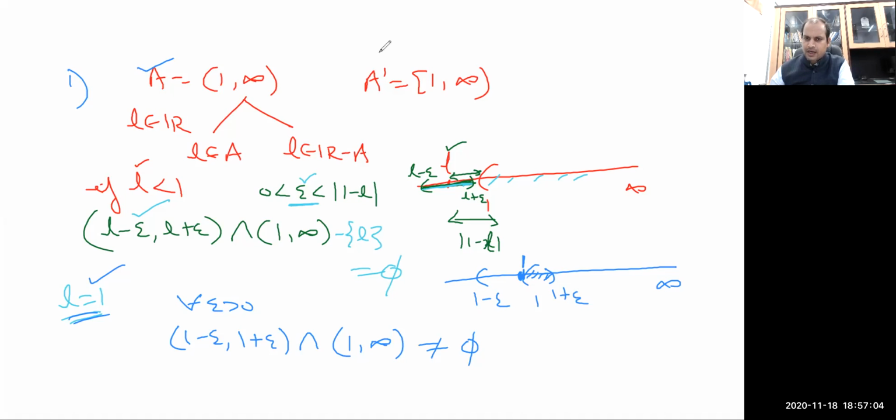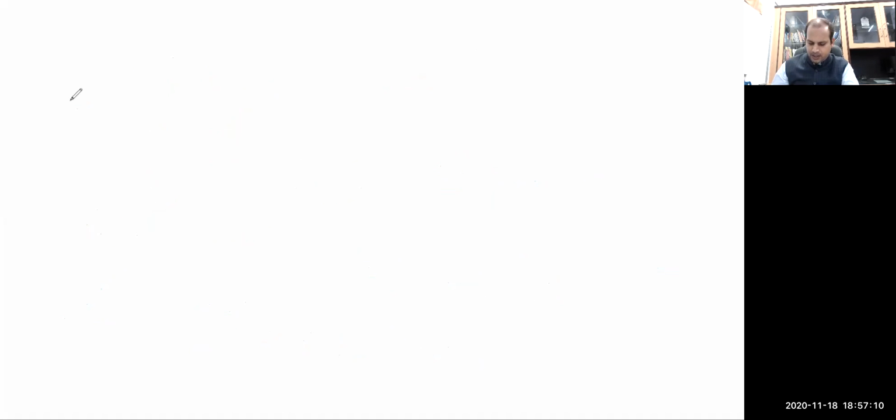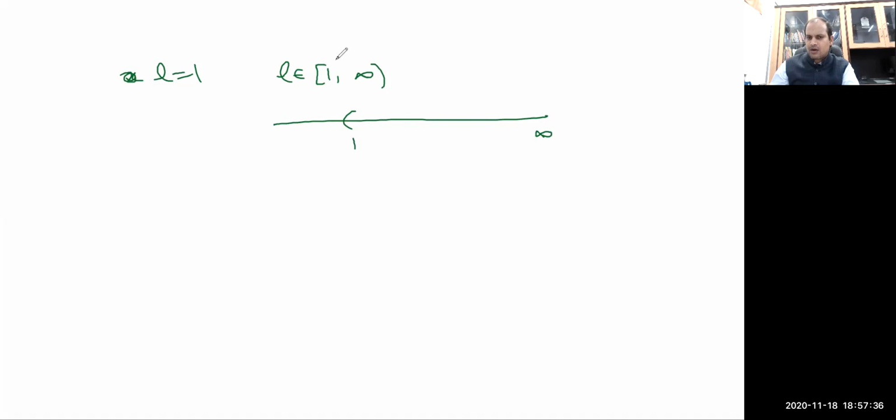In fact, not only for L equal to 1, if we choose L belonging to 1 to infinity, then whatever L we consider from the given set A, suppose L is greater than 1 or L equal to 1, we have already seen that 1 is a limit point.